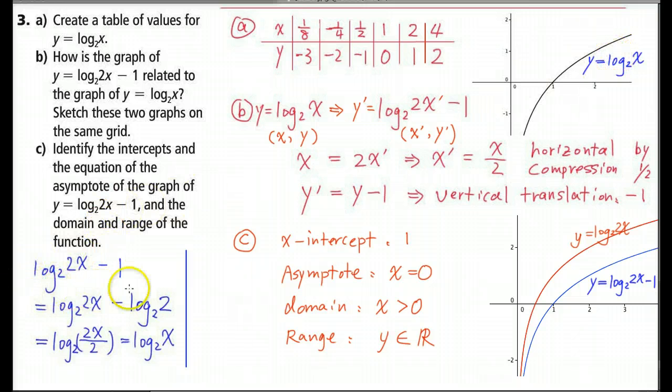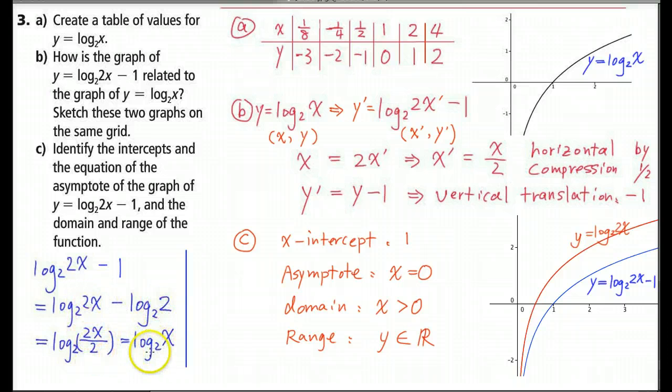And if you're not convinced, we actually can look at the algebraic expression of this transformed function. So you can see log base 2 of 2x minus 1. We can change the 1 into log base 2 of 2, which equals 1. And then we apply the quotient law to combine these two logs into 1. So we use 2x, one of the power, divided by 2, another power.